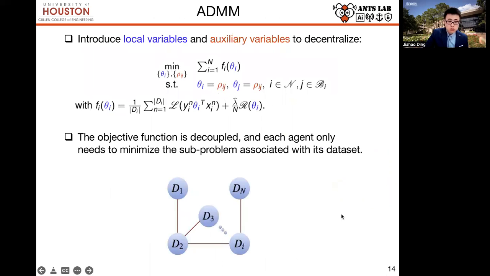In order to solve the above ERM problem in a decentralized manner, we first reformulate the ERM problem by introducing a local variable and the auxiliary variable theta_i, rho_ij. From this equation, we can see that the objective function now becomes decoupled, and each agent only needs to solve the subproblem associated with its local data.